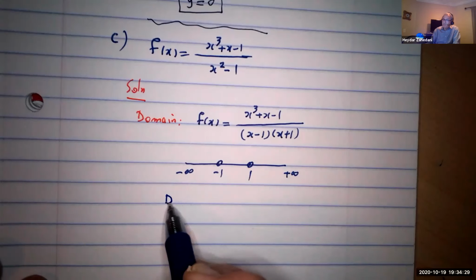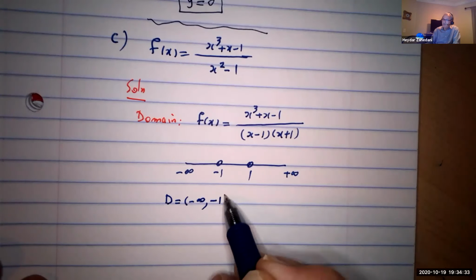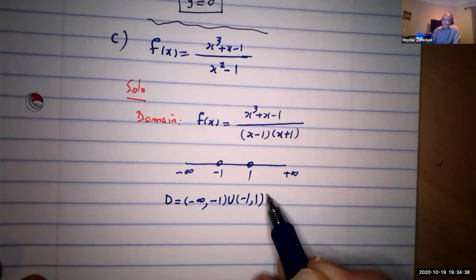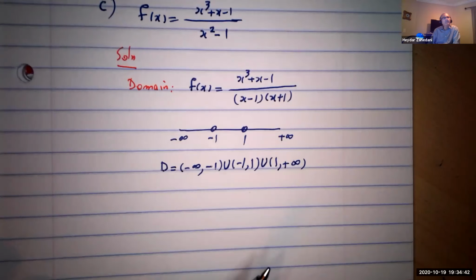Domain, remember, we want interval notation: negative infinity, negative 1, union negative 1, positive 1, union 1, positive infinity. No brackets, remember, just parentheses, because if you put the bracket, that gives you 0, and then you cannot have 0 in the denominator. Any question? That's the domain.